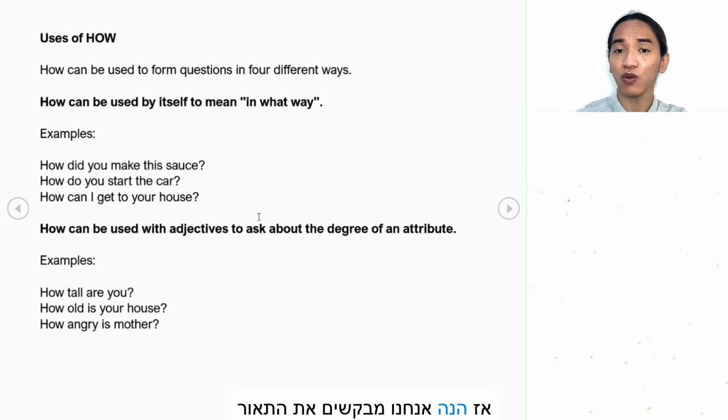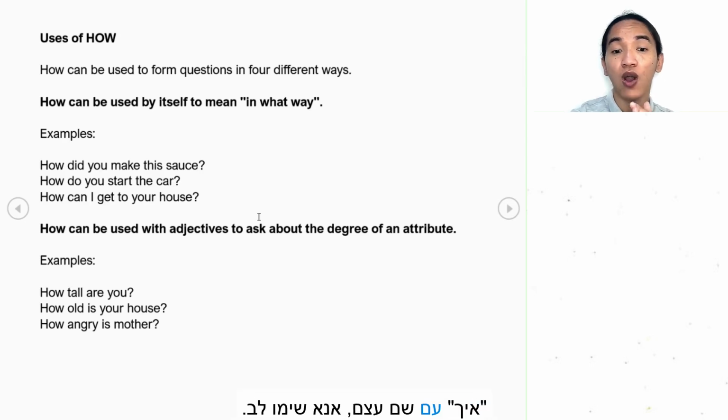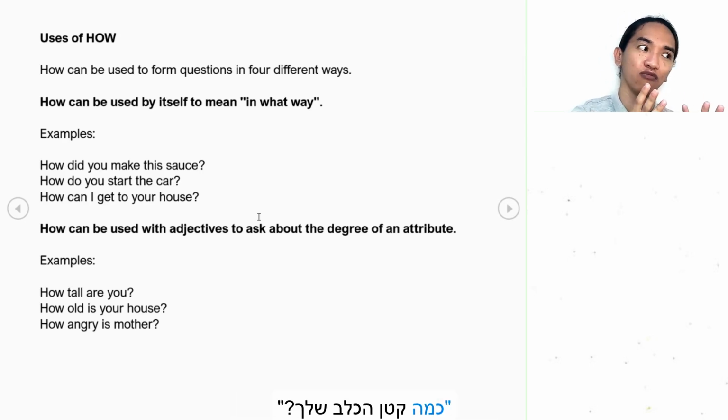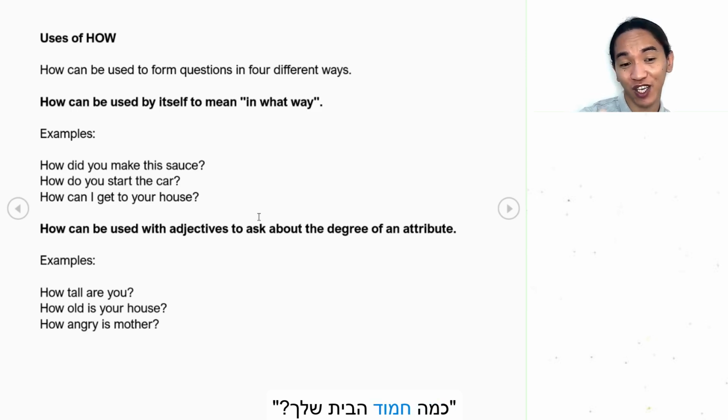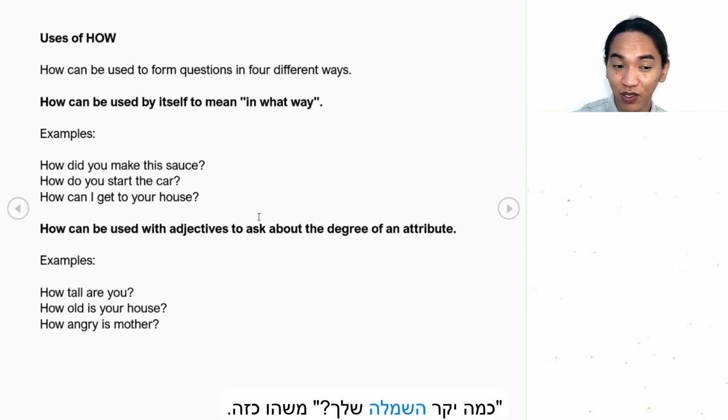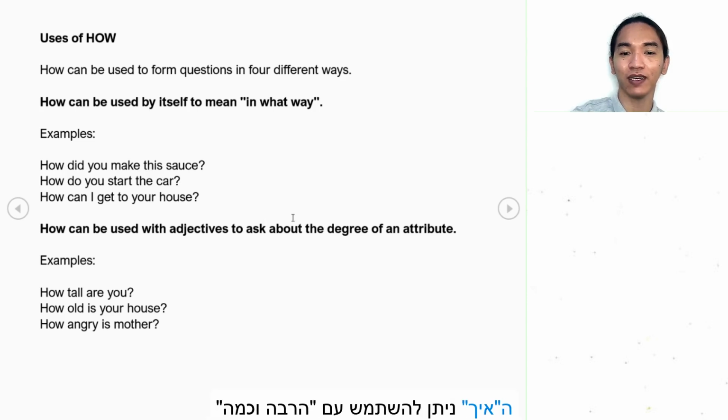So here we're asking for the degree, the intensity, when we partner how with adjectives. So please pay attention. How small is your dog? How cute is your house? How expensive is your dress? So something like this.